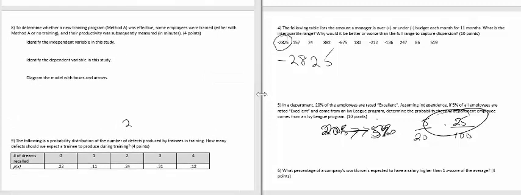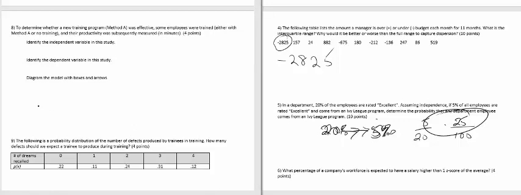Question 8 is this. To determine whether a new training program was effective, some employees were trained either method A or no training, and their productivity was subsequently measured in minutes. Okay, so what are we saying here? Well, let's do the model right out front. Let me erase this. I don't know how that keystroke got there.